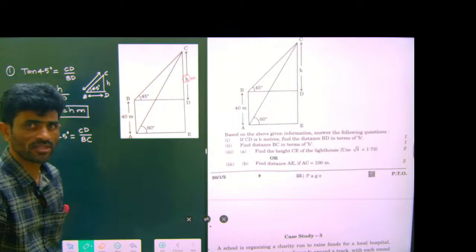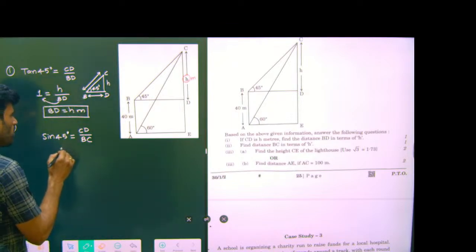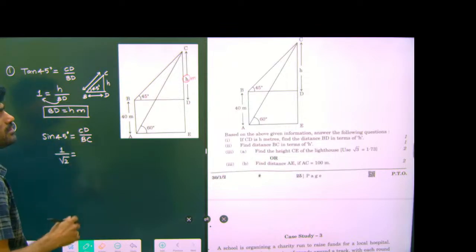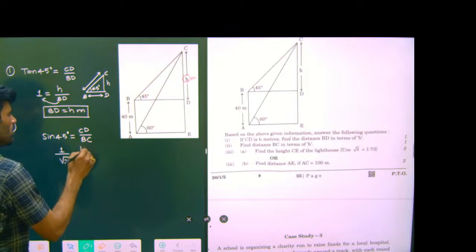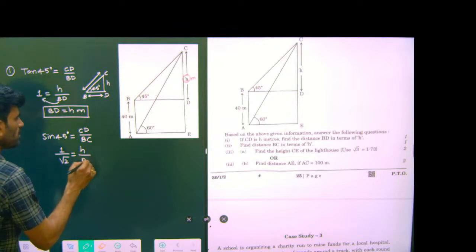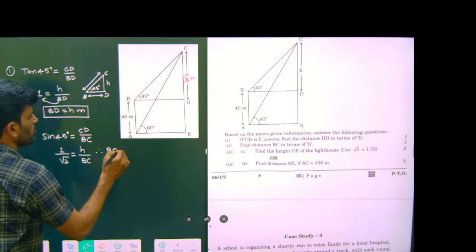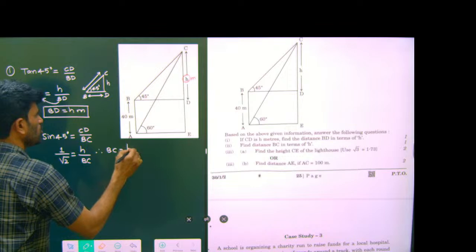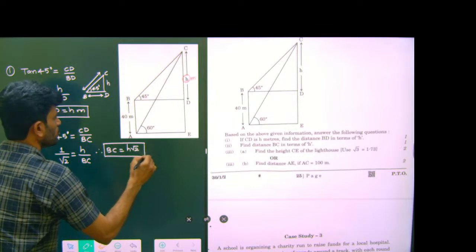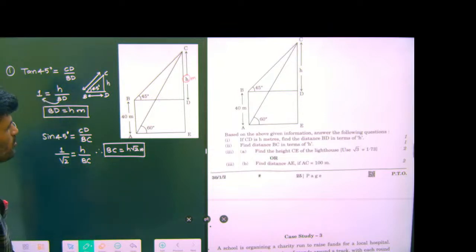Here we have to remember that sine 45 degrees is 1 by root 2. So 1 by root 2 is equal to CD, which is h, by BC. By cross multiplication, we get BC is equal to h root 2 meters. This is BC in terms of h. Hope you understood how to find the answer.